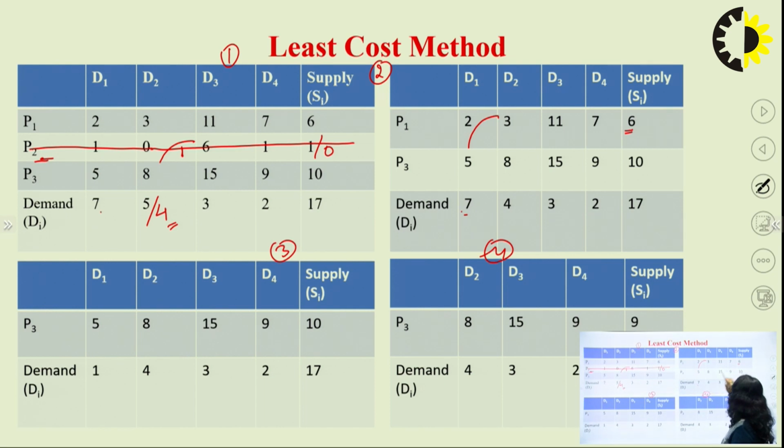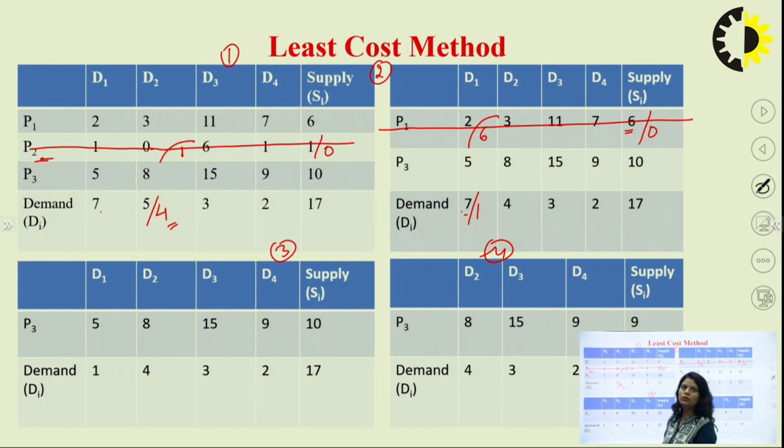So, we can satisfy the demand of 6 only. So, here we will write down 6, here it will become 1 and it will become 0. So, this is our second allocation. So, in this case we can see here again the supply against P1 became 0. So, we will not consider this particular plant in the further steps.